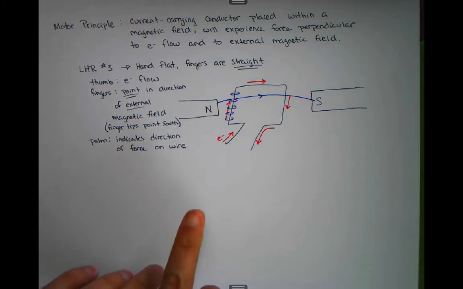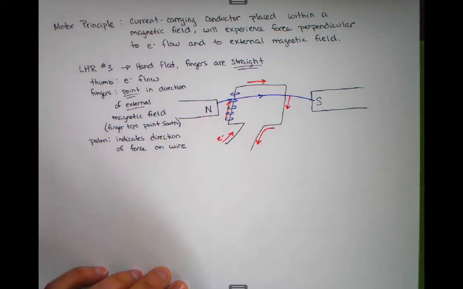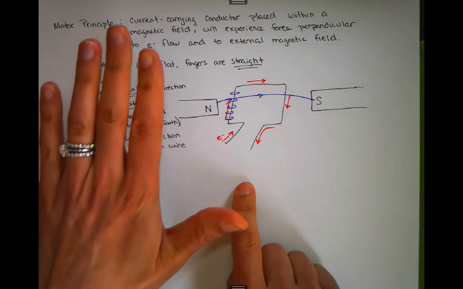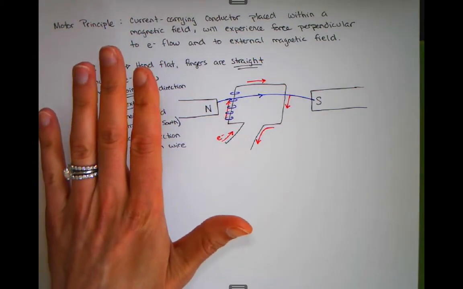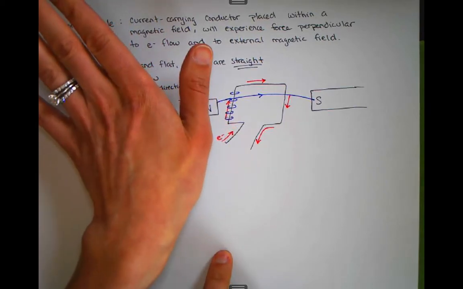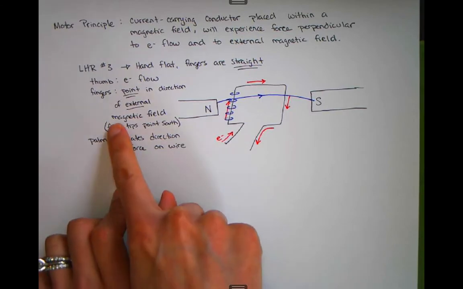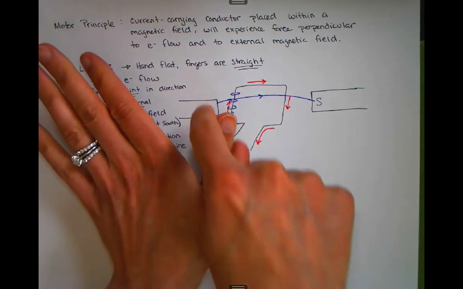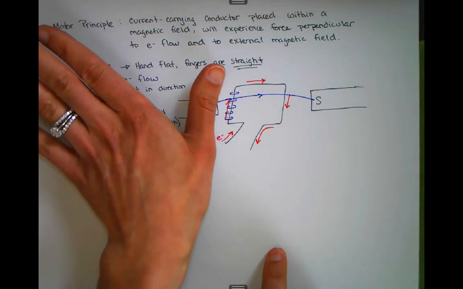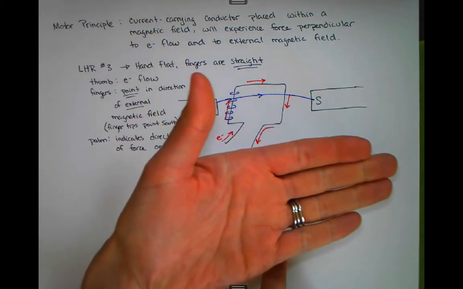So I'm going to look at this side of my wire first. My thumb goes in the direction, using your left hand, of electron flow, which is represented by that red arrow. So electrons are going up this way. My fingers have to go in the direction of the external magnetic field, so from north to south. So my fingertips have to point to the south, so I have to actually flip my whole hand this way.